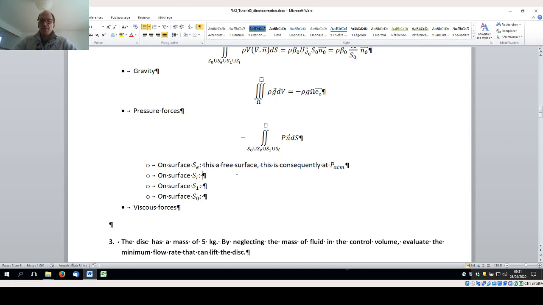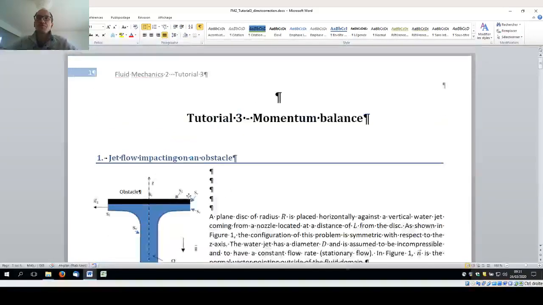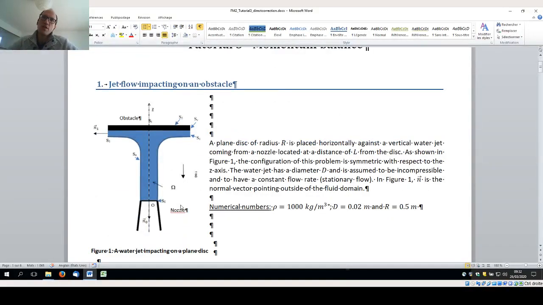On the surface SI, which is in contact with the solid object, we do not know anything. On surface S1 and surface S0, we'll treat those two surfaces similarly.